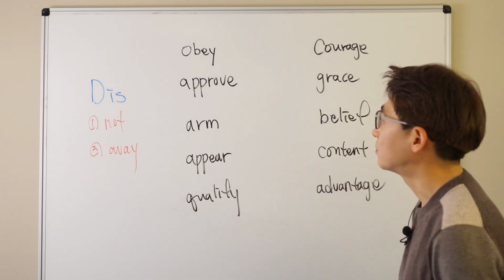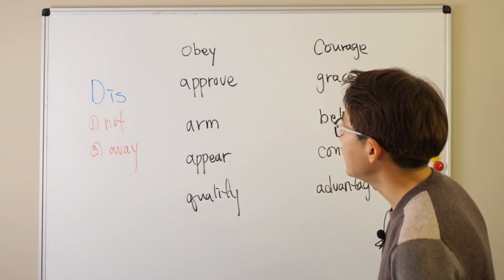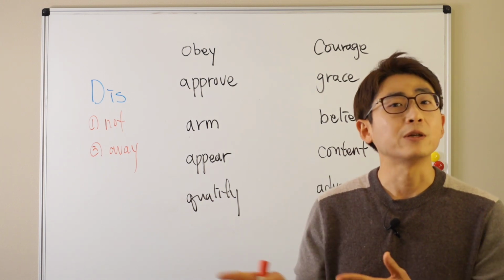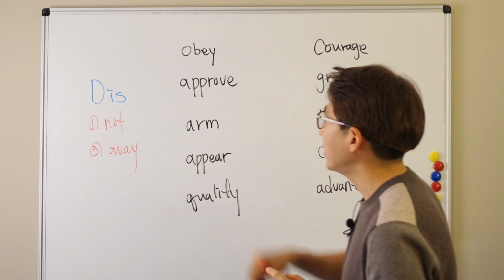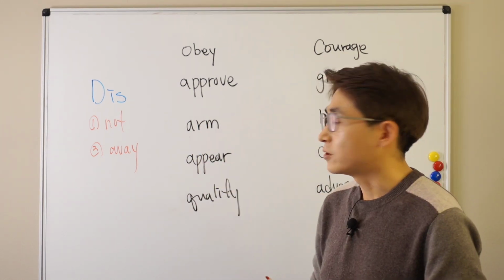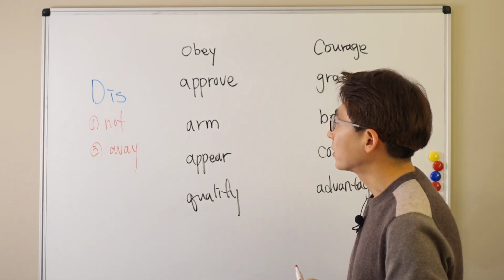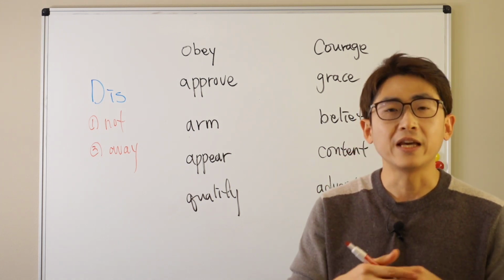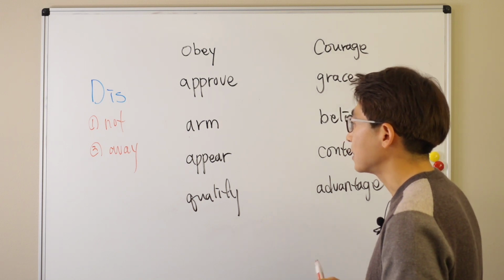And the next one was approve, which meant agree with, and when you put this in front of that, disapprove of meant disagreeing with. You're not saying yes to something, and arm was not your part, the part of your body. It meant weapon, and the word disarm basically meant to take weapons away from someone or some people.